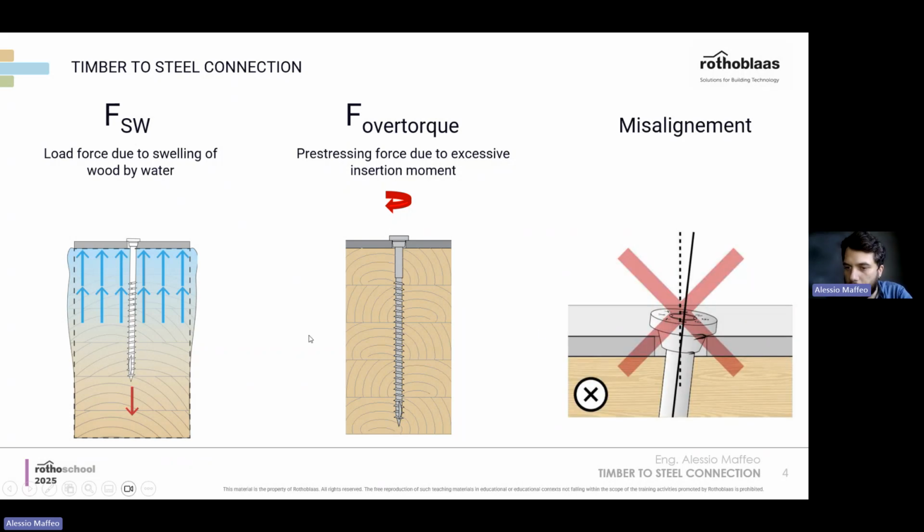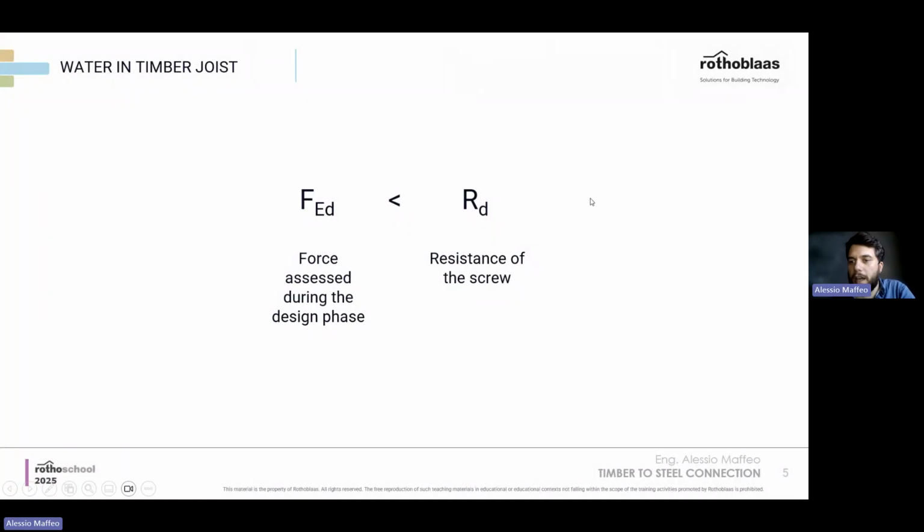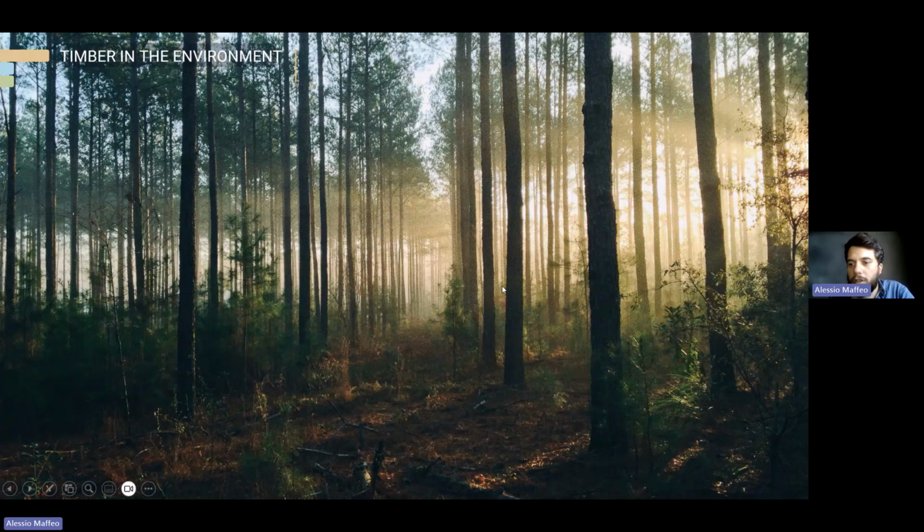And also, as we just saw, it can also happen that there is a misalignment between the screw and the plates. Generally, we design our connectors in a way in which the stress acting on the fasteners is of course lower than the design resistance.